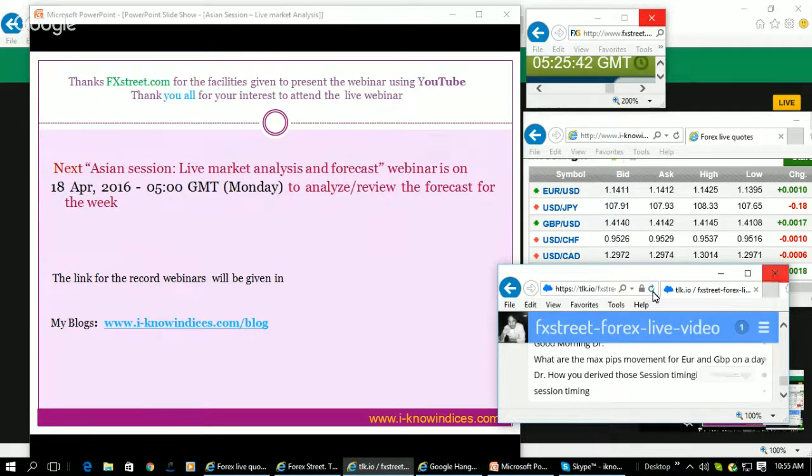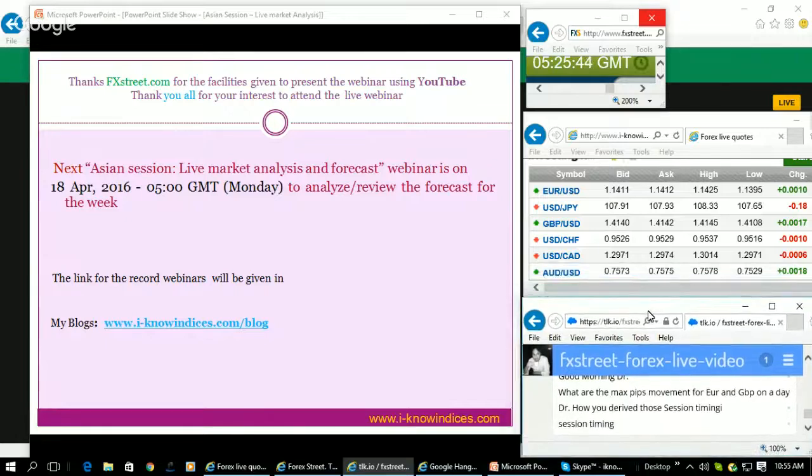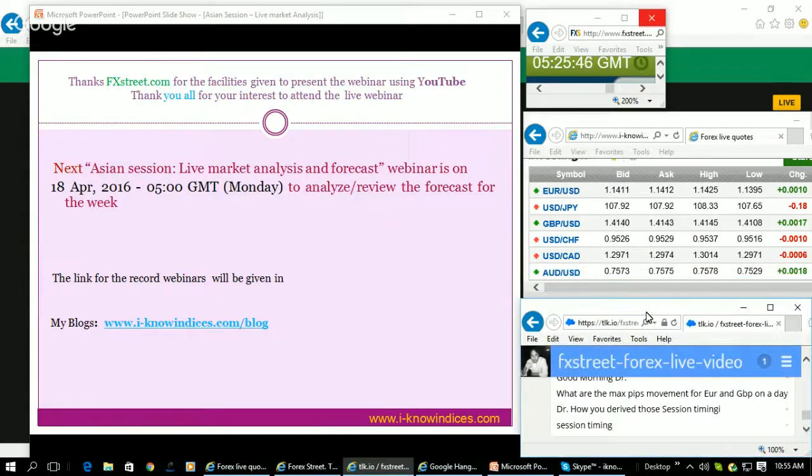I explained it earlier in my webinar, My Trading System. If you follow, you'll be able to really understand that they can make a net change of 150 pips in the case of Euro and 250 pips in the case of GBP. They are the maximum permitted levels.